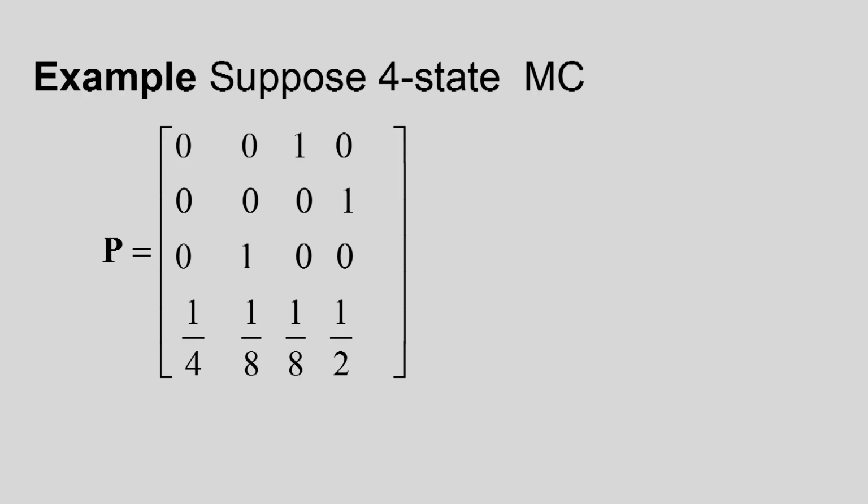Let us solve one problem. This is a 4-state Markov chain. Let me call the states 0, 1, 2, 3, so we can draw this state transition diagram. From 0 to 2, there is a transition with probability 1.